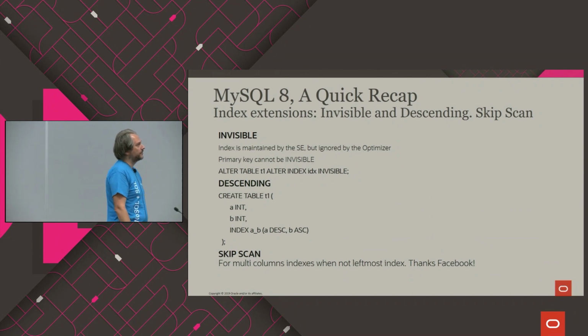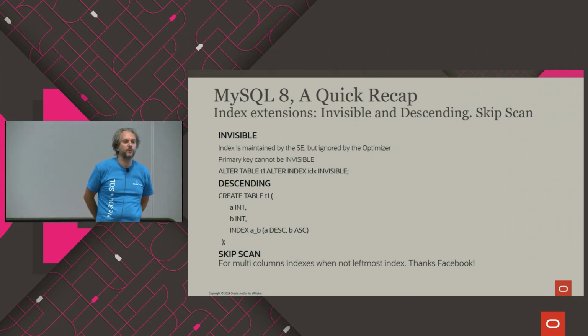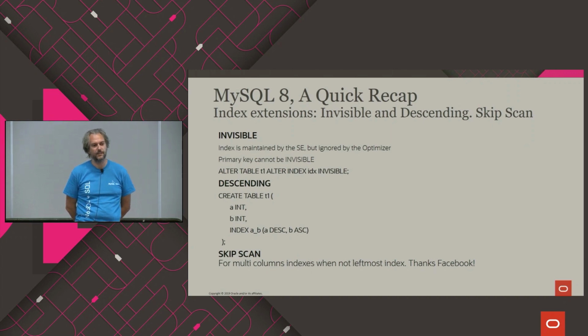What else? We've added some index extensions. We've added the invisible index. You want to test if removing such an index is okay. Maybe you have a redundant index and you want to remove it and make sure in your benchmarks and testing suites everything is okay. You can make it invisible.